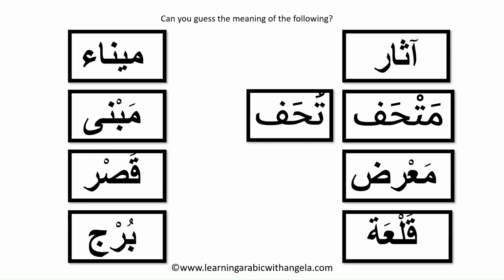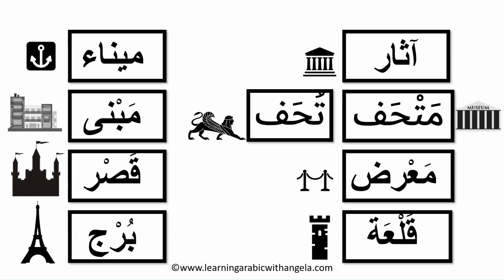To review, now it's your turn to try and guess what's the meaning of each of these words. Pause the screen, take your time, and then we'll do the answers together. So here are the answers. Remember that آثار means ruins. متحف is where you display historical items like تحف, which are artifacts. معرض could refer to an exhibition, an expo, or a car showroom.